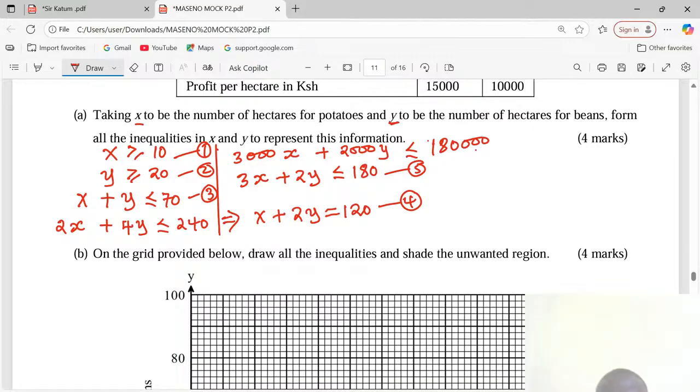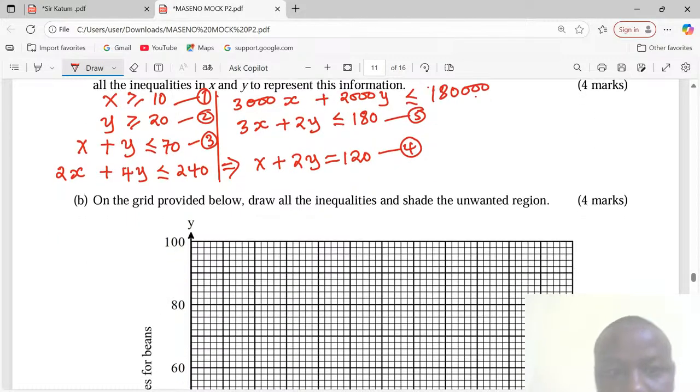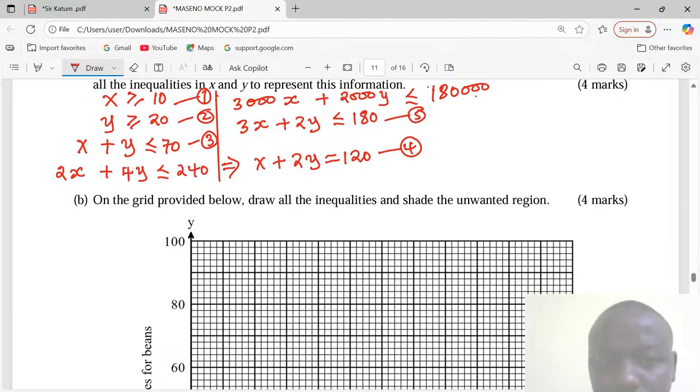That is inequality 5. So we have all the inequalities now, and we can proceed to plot them.